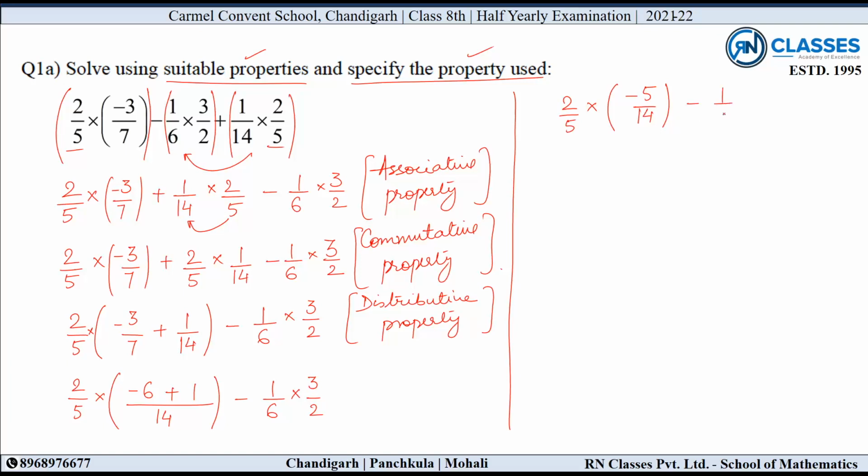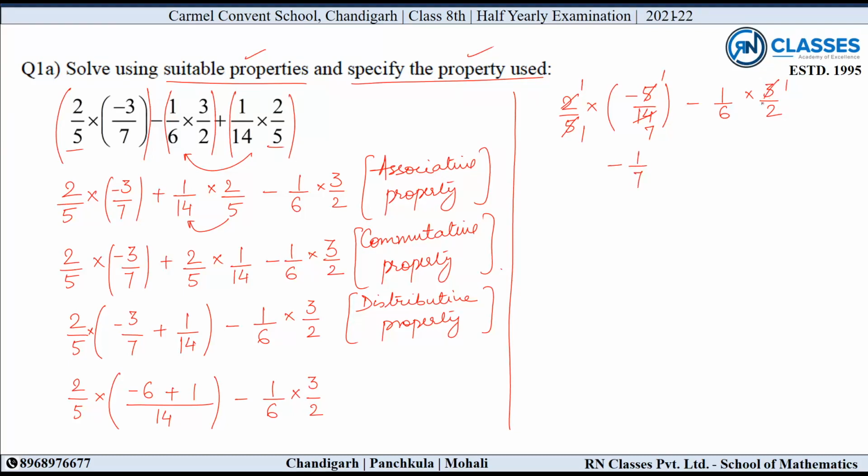Minus 1 by 6 into 3 by 2. Can we use any other property over here? No, we can't. So directly 5 ones are 5, 5 ones are 5, 2 ones are 2, 2 sevens are 14. So over here it will be minus 1 by 7, right?